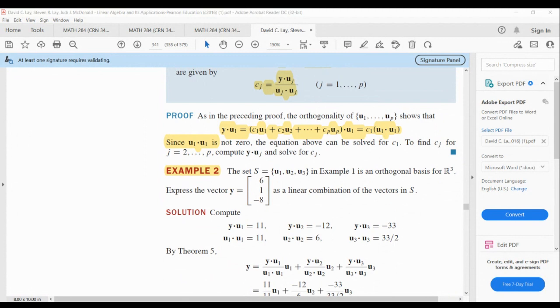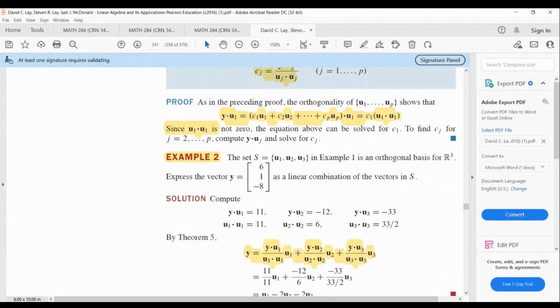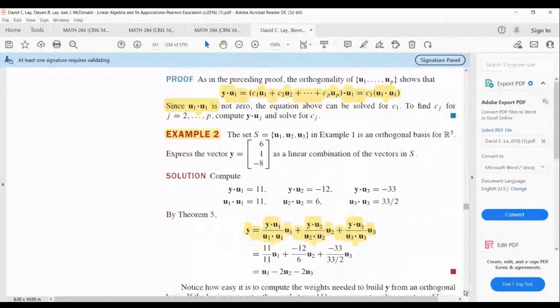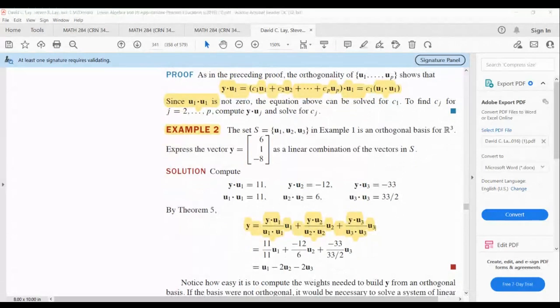So now you just apply that, and you see how in this vector, vector y, they're not solving a system of equations to write y as a linear combination of the basis vectors. They're utilizing that formula in theorem 5. That's what they're doing.